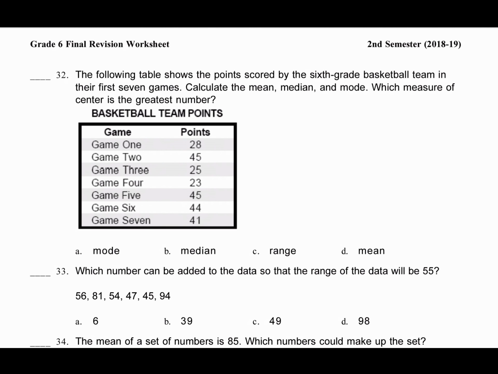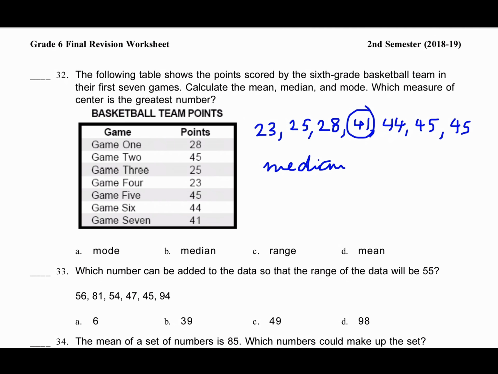Let us arrange this data, so the order would be 23, 25, 28, 41, 44, 45, and 45. Now, which number is the median? Of course, the one exactly in the middle, which is 41. So the median equals 41. Which one is the mode? The most repeated number, which is 45.